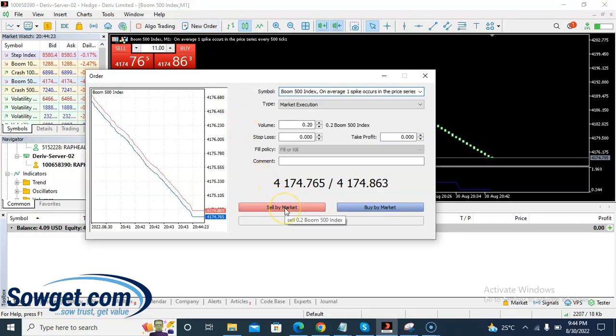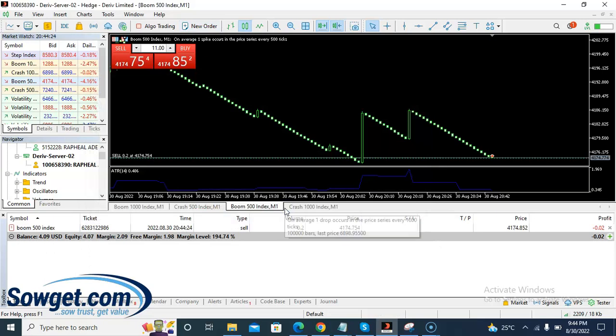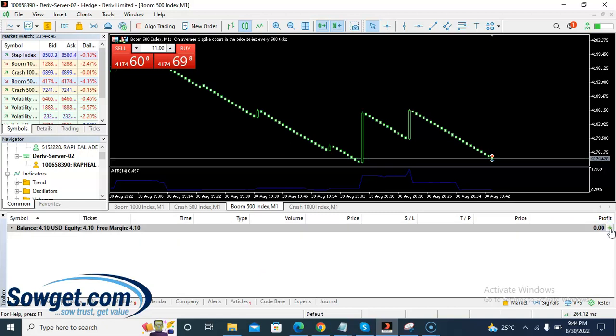Let's see if I take a sell. Okay, you can see it also went on Boom 500. We're able to open a sell trade. So these are what you need to be aware of before you trade Boom and Crash, because the minimum margin you need to open a trade, you need to have it in your account balance before you can open a trade. So I just close this one here.